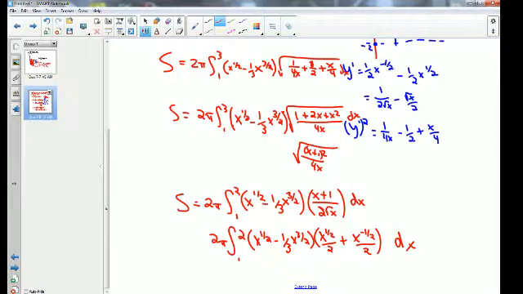And then when you FOIL, you're just going to have these multiplied. You add the exponents, and you end up with a polynomial integral. Okay. Oop, that should be a 3. My 3 slowly lost their tail. Okay. Are we good?